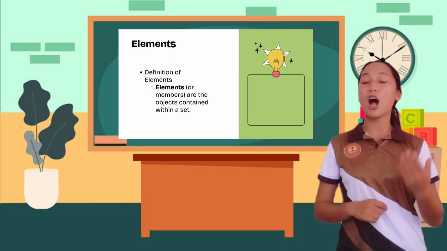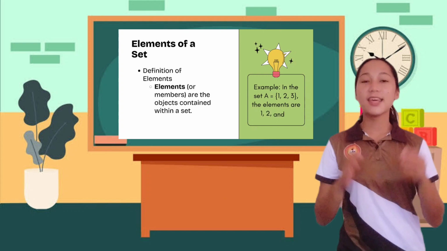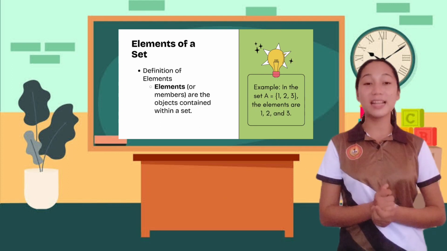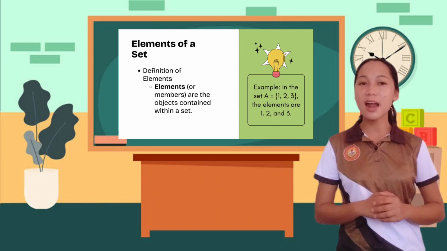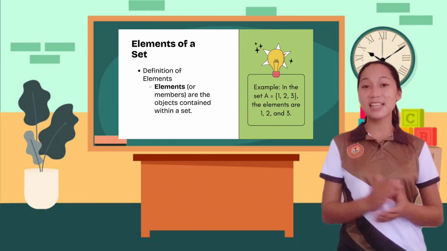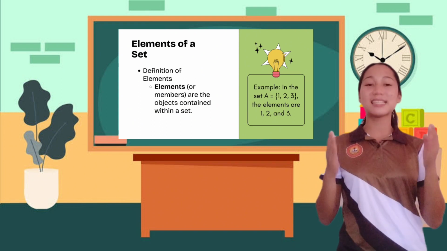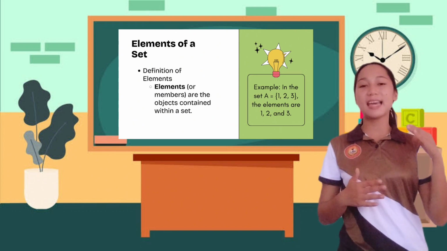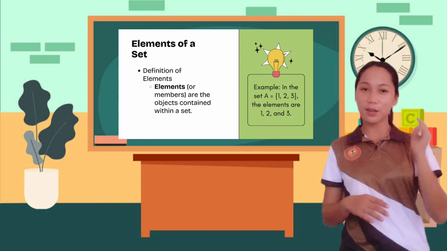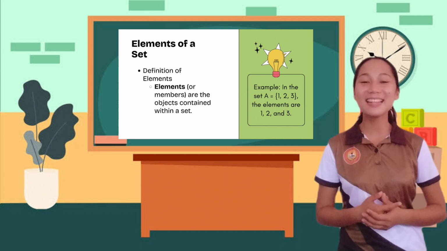And speaking of elements, the objects contained within a set are referred to as its elements or members. Yes, these are the objects separated by commas. So consider the set A, which contains the elements 1, 2, and 3.